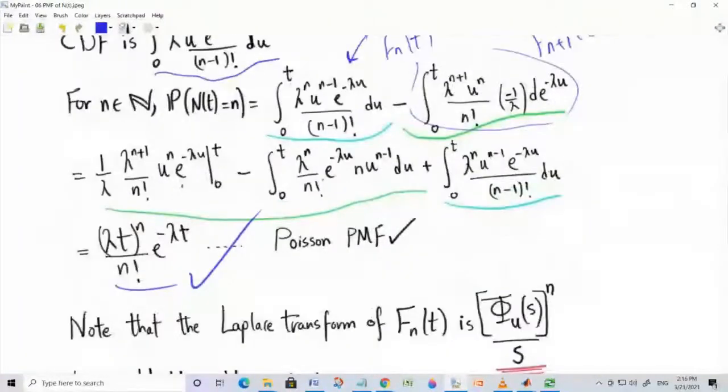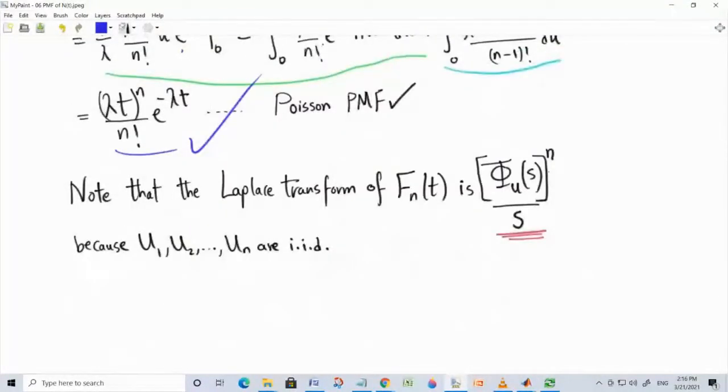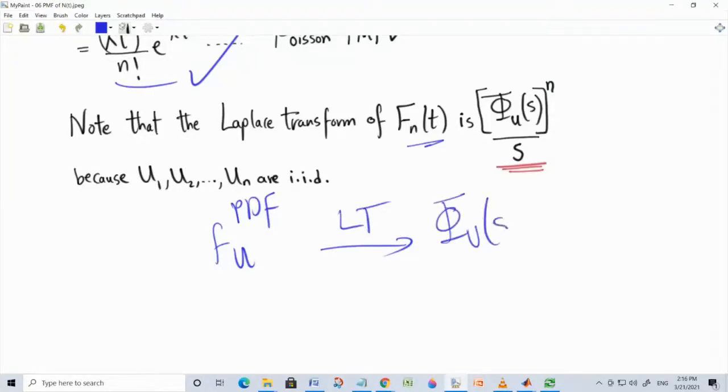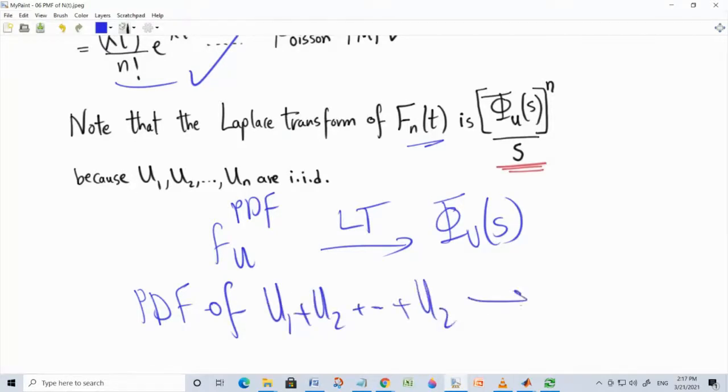Okay, and what is the Laplace transform of this thing? So remember that the PDF itself has a Laplace transform, which is phi_U of s. Okay, and so the PDF of U1 plus U2 up to Un.